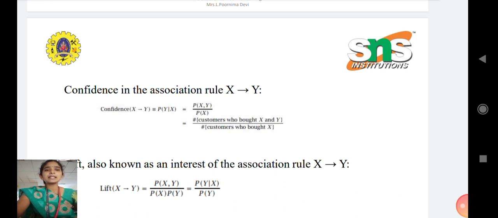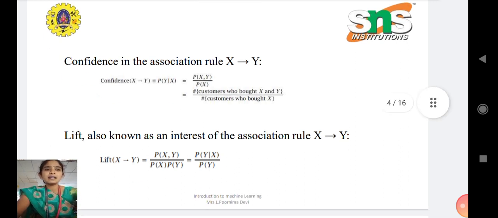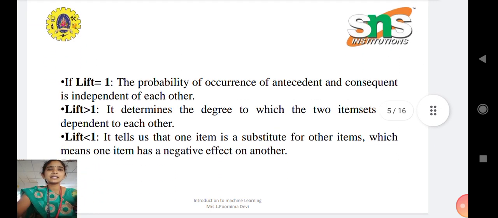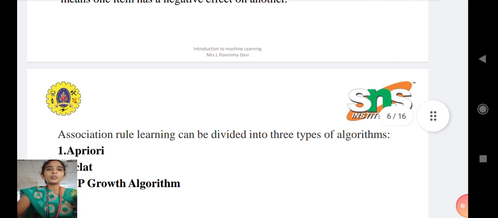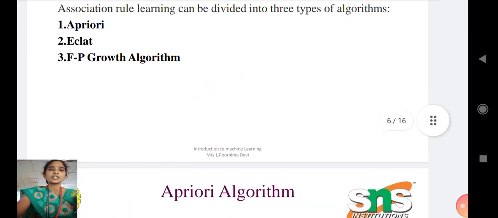This implies the probability of X and Y variables, that is, while buying bread, we are buying milk at the same time. The next one is lift. Lift is the probability of occurrence of the antecedent and consequent being independent of each other. These are the two measures we use in association rules.